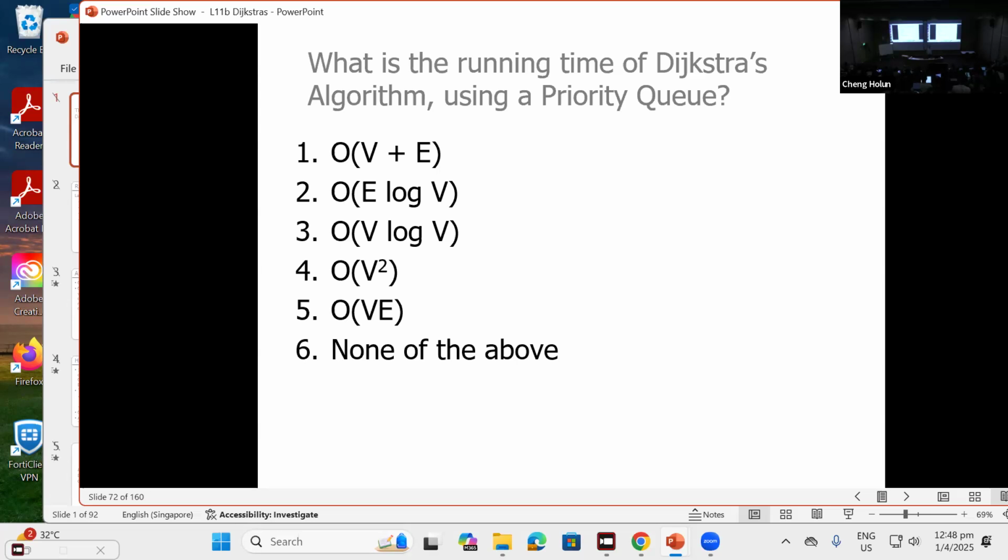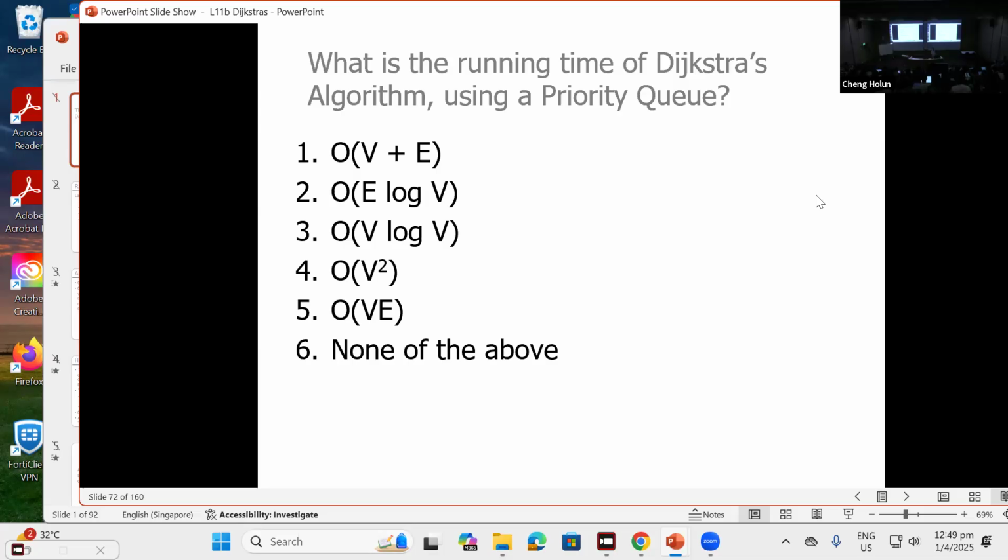Extract min is at most V, right? And what is the cost of extract min? It is log V. So is it V log V? Not yet, because after you extract a vertex, you need to relax the edges, and you may need to change positions. So again, it depends on how many edges.